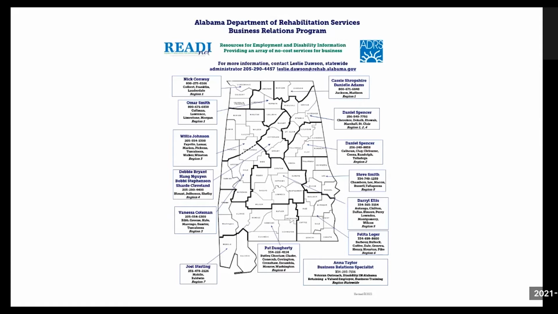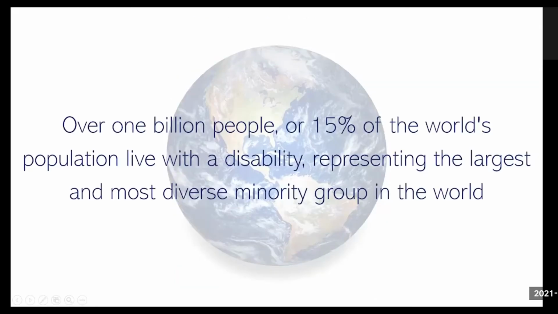They help us with our mission. They're out there talking to business and all of that. So wanted to make sure y'all saw that. I know it's kind of hard to see. Okay, we've got an RWC liaison R7. Wow, that's a fancy one right there. Loving it. Okay, great. So y'all get to know our team, and those are the business relations specialists that work with us here. All right.